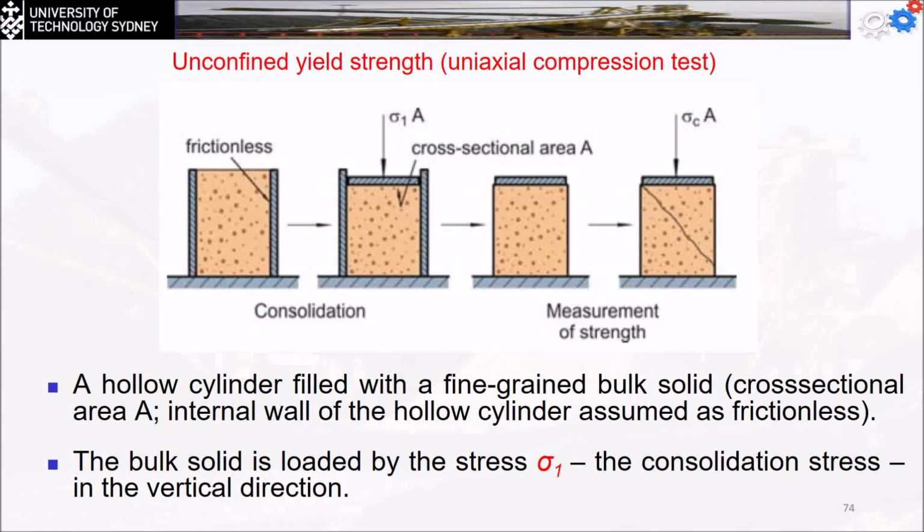So we're going to put the material with the finely grained bulk solids in the hollow cylinder. And we're going to assume that the walls are frictionless. And the bulk solid is going to be loaded by a certain stress, sigma 1, with the consolidation stress in the vertical direction. Consolidation means the stress which is going to compress the material.